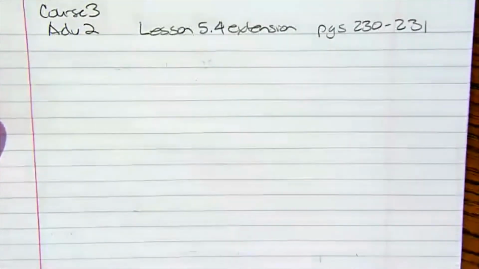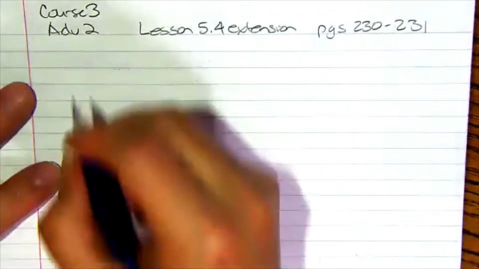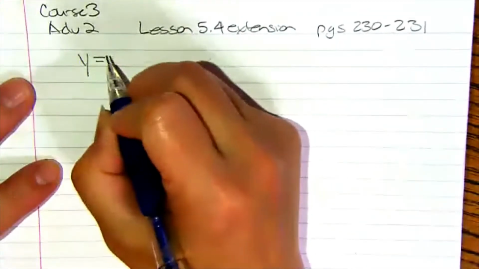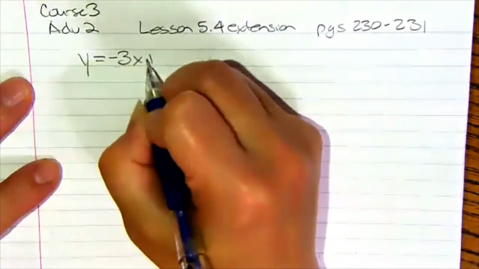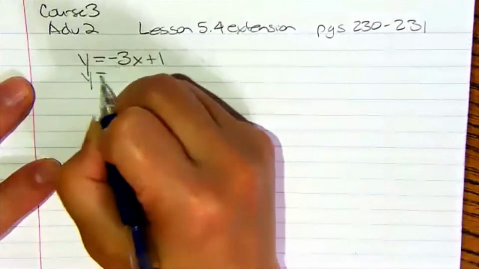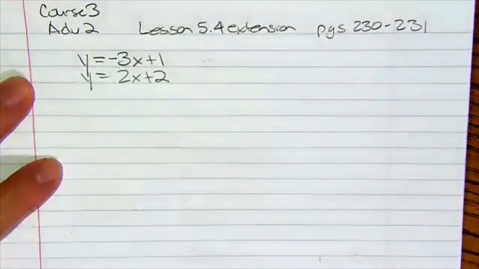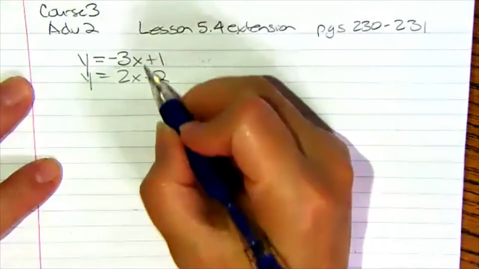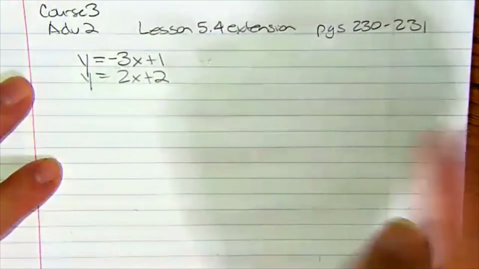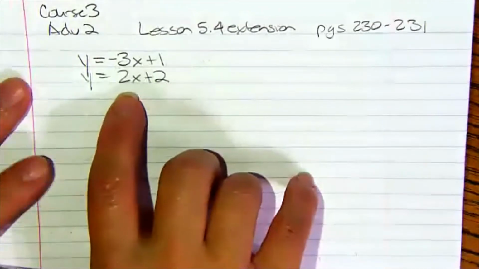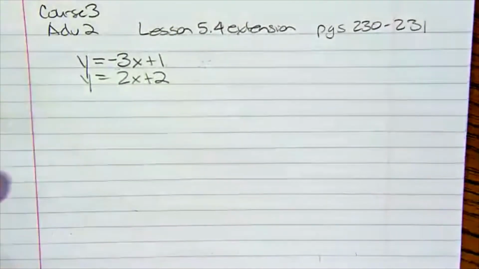So for the past few weeks, we've been working with systems of equations. And the book has given us 2 equations that look like this, because we know a system is more than one. Sometimes they're in slope-intercept form, sometimes they're in standard form.